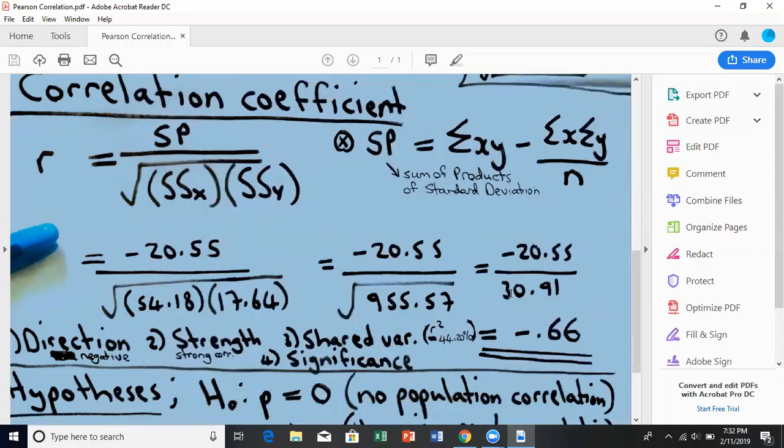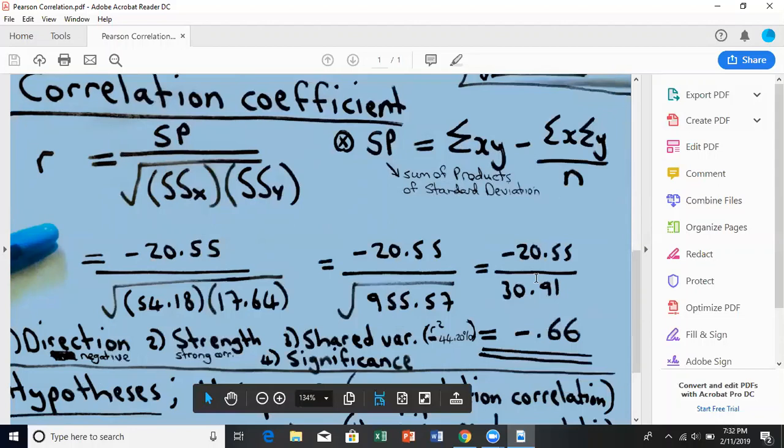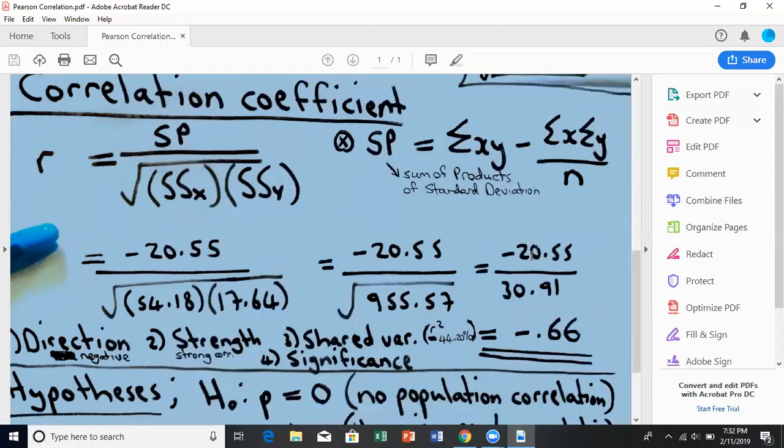So you divide the two. When you divide, I've seen a lot of students type this first and then divide by. You don't do as you speak. So you type minus 20.55. You can ignore the negative, but don't forget to write the negative here. So it means minus 20.55 and then divide by 30.91. Don't start by this one, okay? Please.